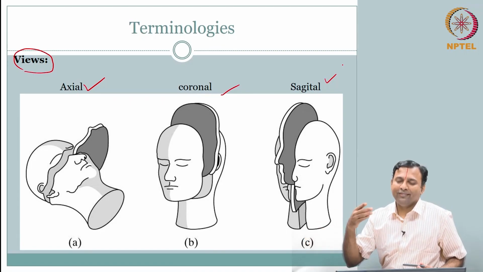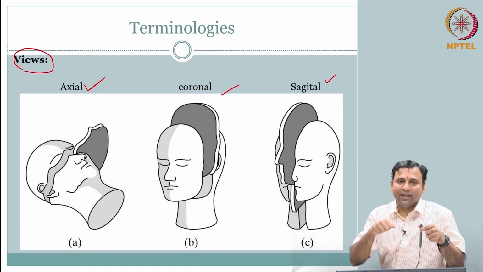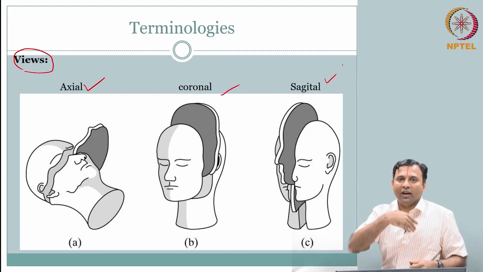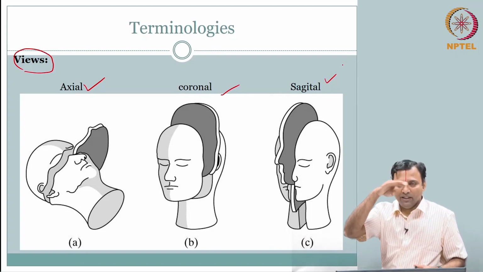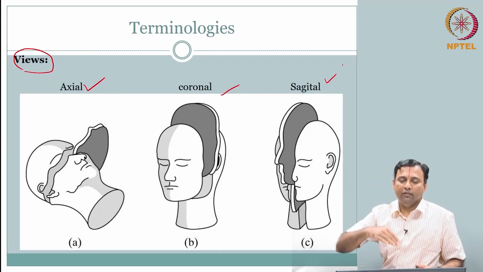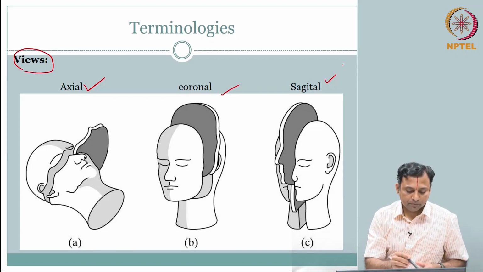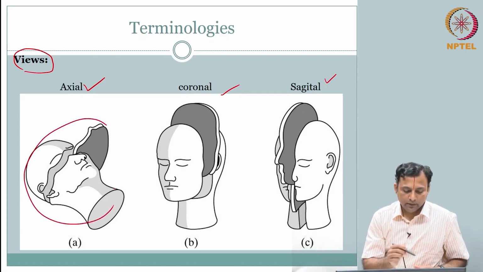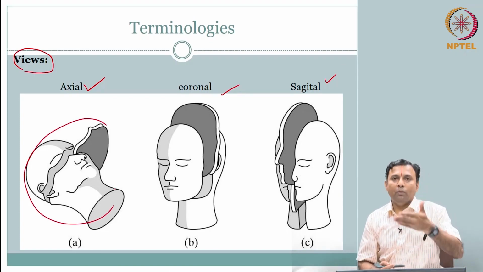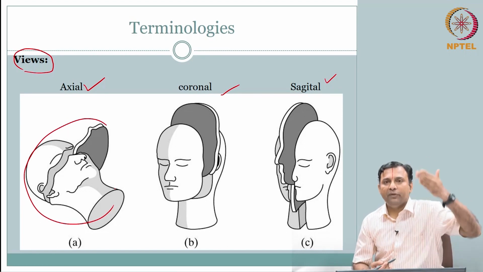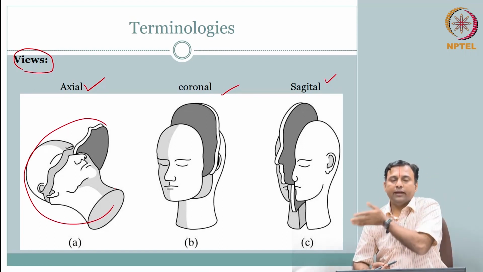We are all used to this: if you say MRI or CT, you go into that scanner, you go onto the bed, so you are lying down. So axial means you go from head to toe, cutting through like this. Coronal is front to back, sagittal is sideways, cutting from one side to the other.